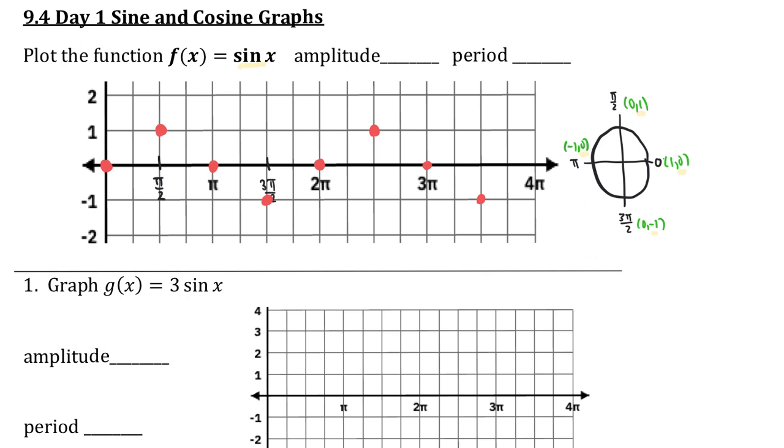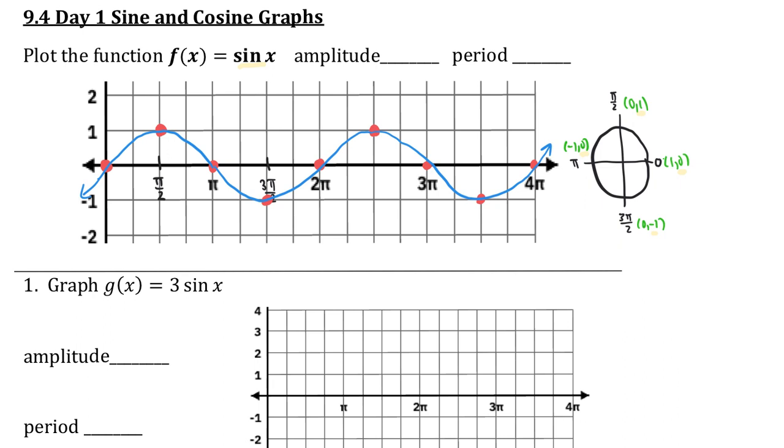And then 4 pi goes back to 0 again, and that's because if I do 2 pi plus 2 pi, I get 4 pi. Okay, sine is periodic. It goes forever in both directions because I can keep going around and around the unit circle. And it should curve because it's a curve. So I'm going to try to curve this graph. Try not to zigzag. Okay, this is the graph of sine. I'm putting an arrow in both directions because I can continue forever and ever following this pattern.